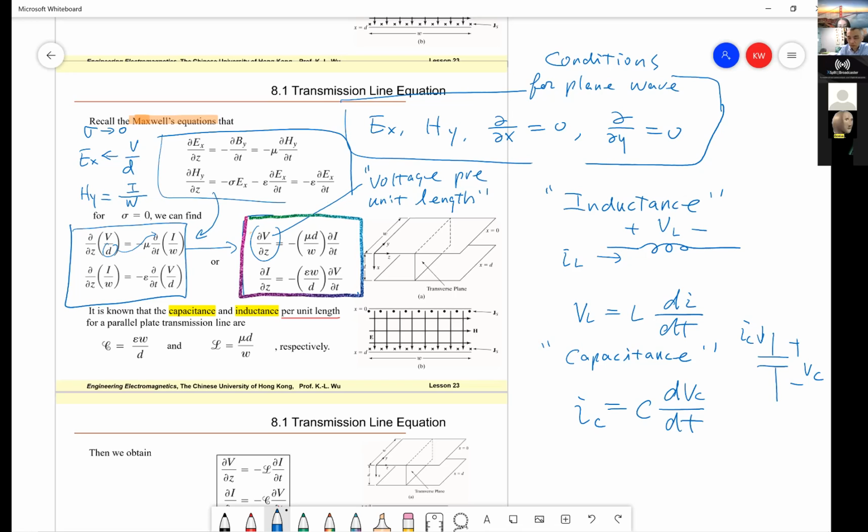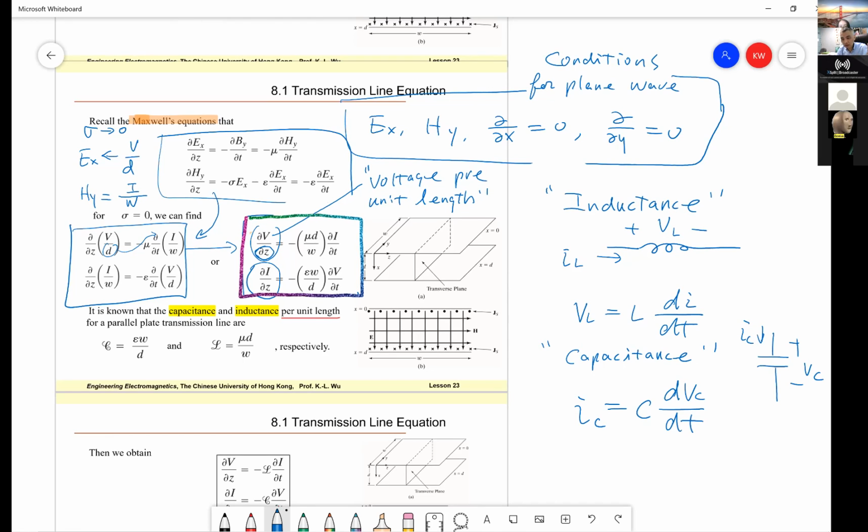Do you think so? You see, because this dz is normalized, right? This is per unit length. So that means how large voltage you divide by the total length, right? So that means it's a normalized voltage. This is normalized current, right?